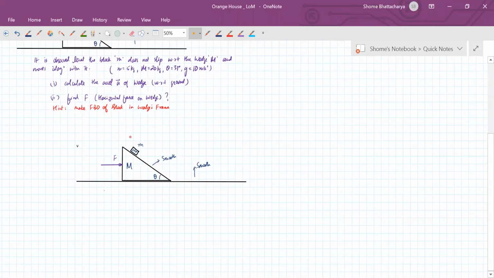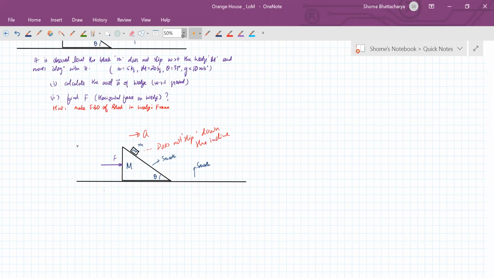Okay, so if I assume that this whole system is moving with some acceleration a, then what is happening with respect to an observer on the wedge, this thing does not slip down the incline.